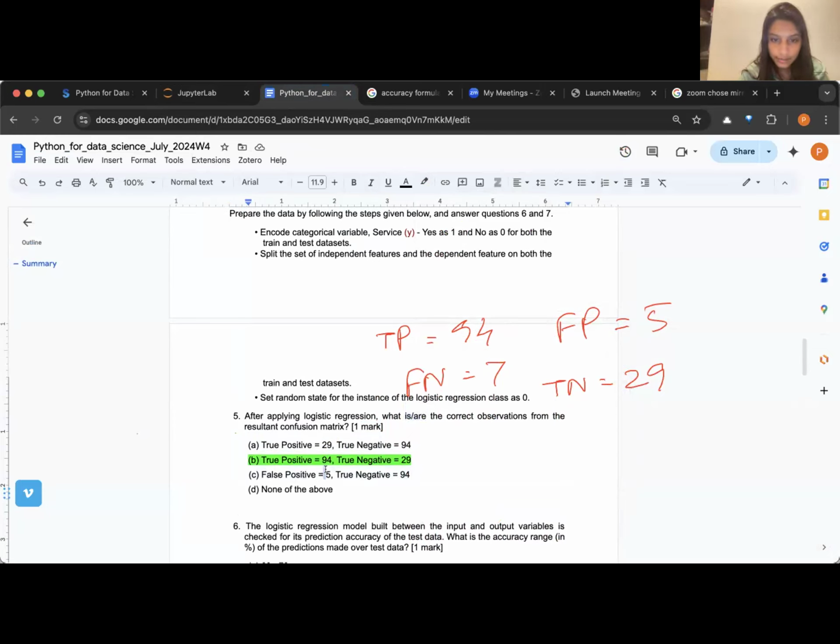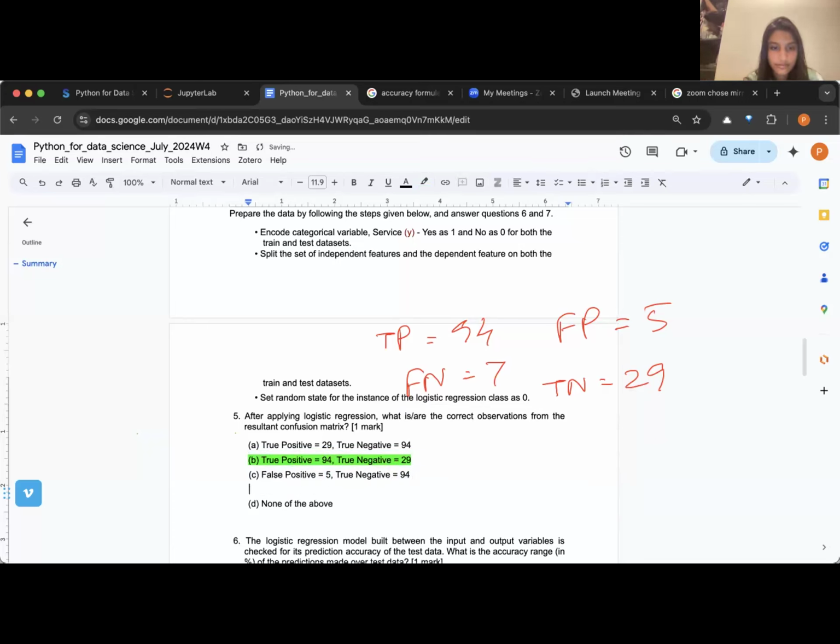False positive is 5. That is also correct. True negative... oh, this is wrong. Sorry. Yes, this is your correct answer.